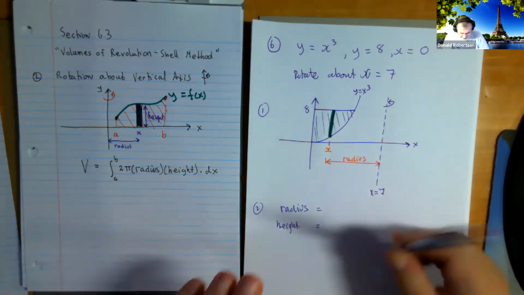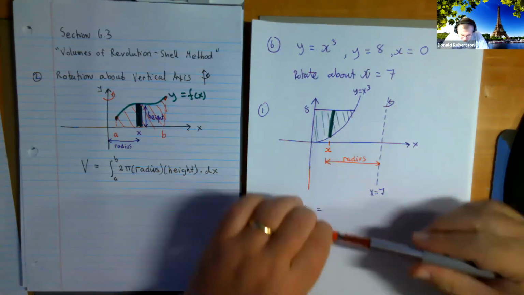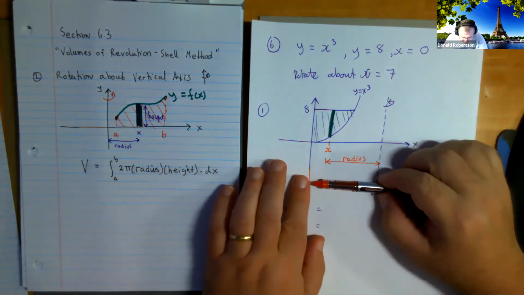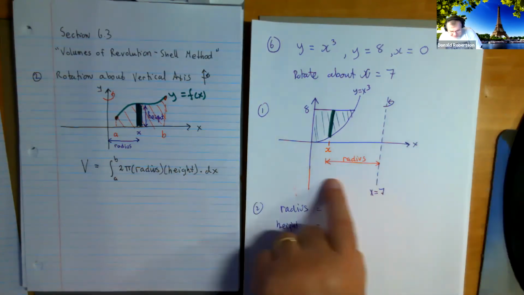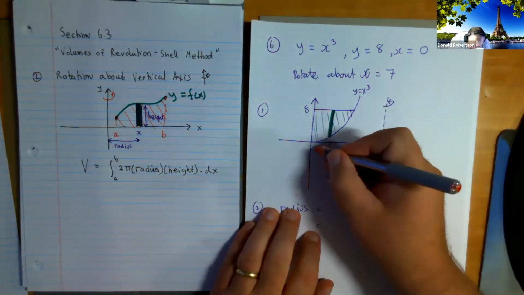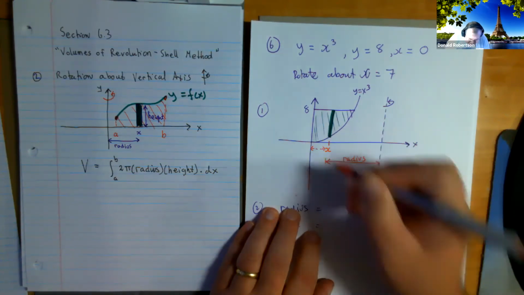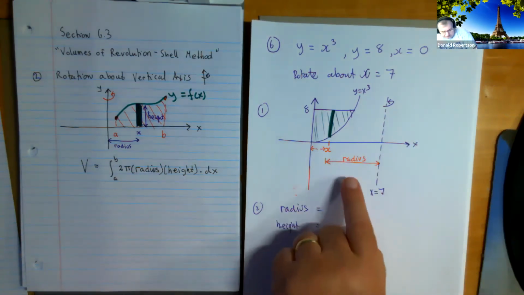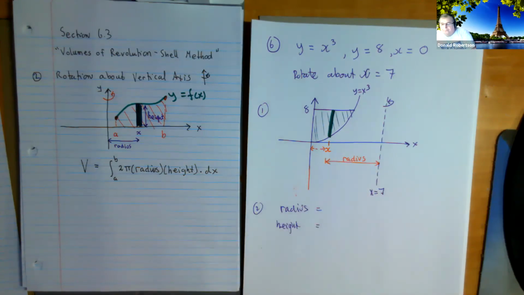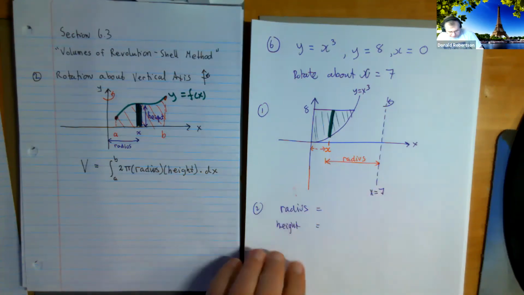The total distance from that dotted line to the y-axis is 7. The distance from here to here is x. So what's the radius going to be?